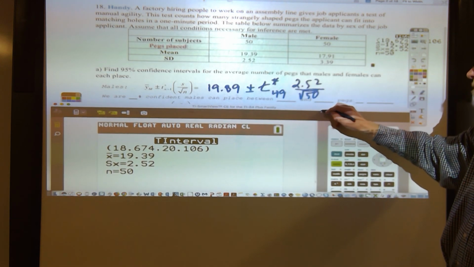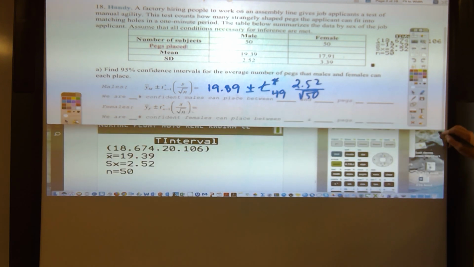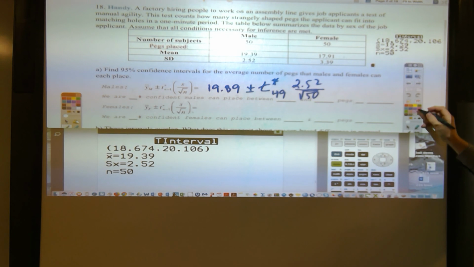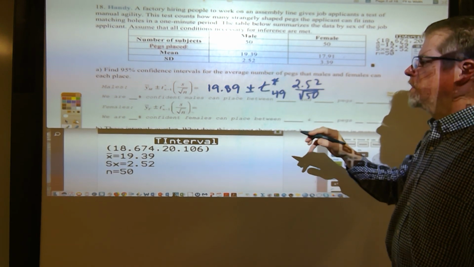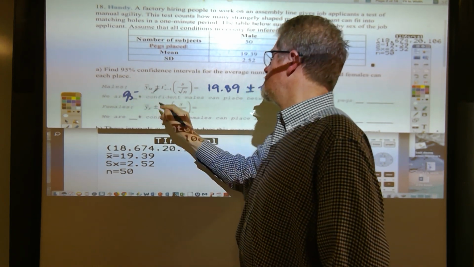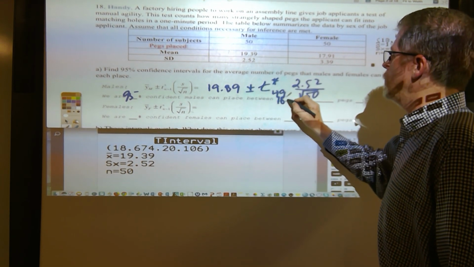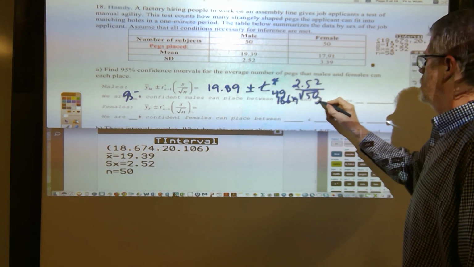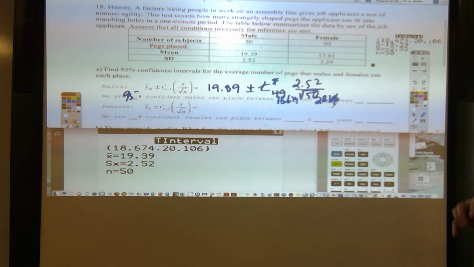Let me see if I can display both of these at the same time. Oh, yeah, it's actually right here. I had pulled it in previously. So we are 95% confident that males can place between 18.674 and 20.106 pegs on average.